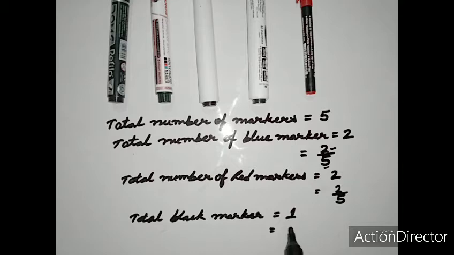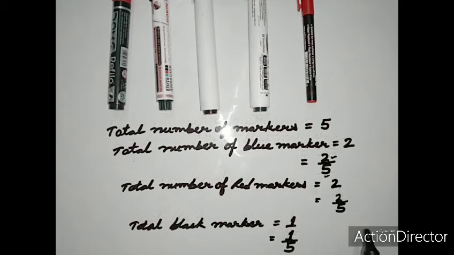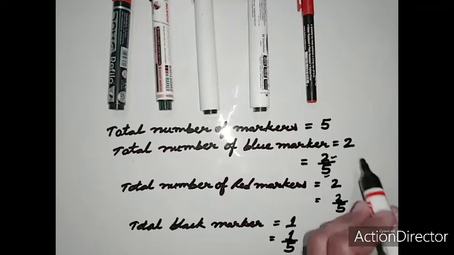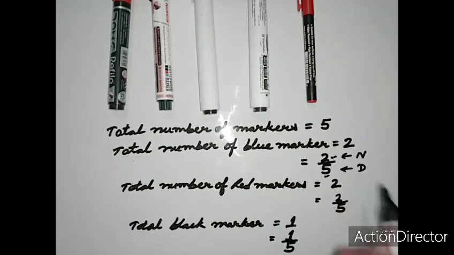So what is the fraction of black marker here? 1 upon 5. So a fraction has 2 parts, numerator and denominator.